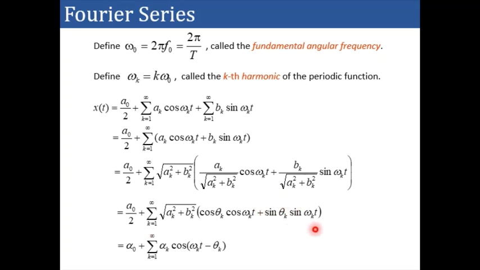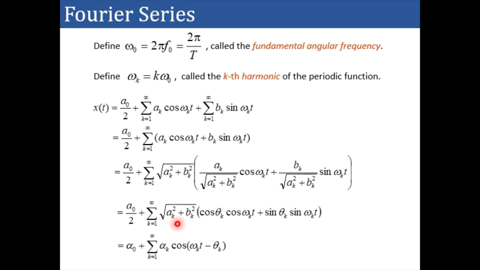Now this can be simplified as alpha0 + sigma k=1 to infinity alpha_k cos(omega_k t minus theta_k). This expression, cos theta_k cos(omega_k t) plus sin theta_k sin(omega_k t), can be written as cos(omega_k t minus theta_k).